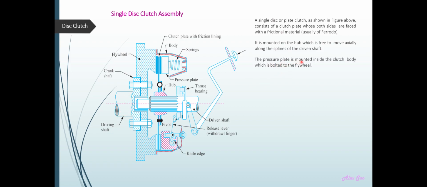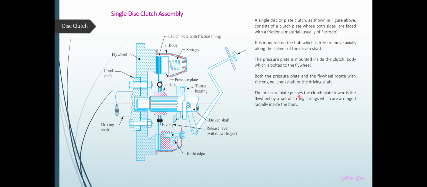The pressure plate is mounted inside the body of the clutch, which is bolted to the flywheel. Both the pressure plate and the flywheel rotate with the engine crankshaft or the driving shaft.